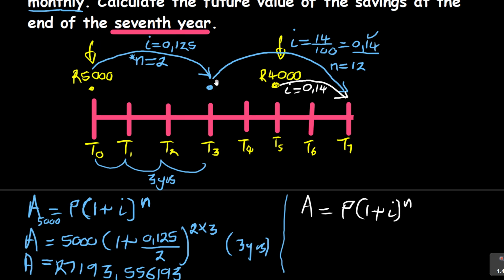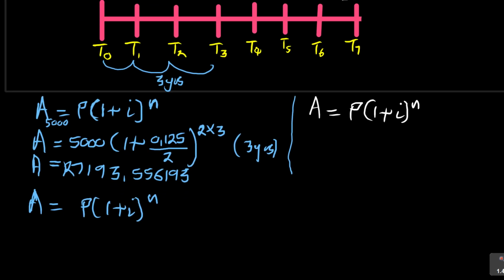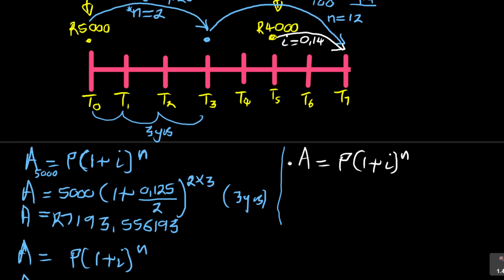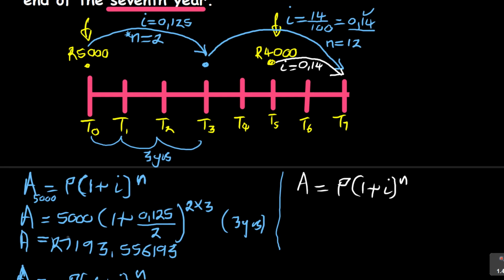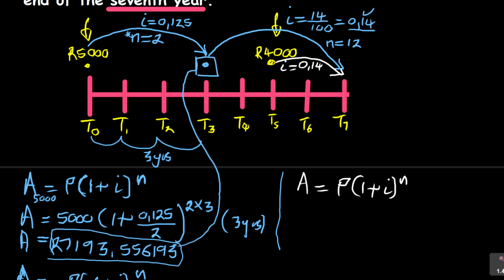Then after that, it went to year 7 with a different interest rate and a different compounding. So I'll do the same thing, but what is my P? You must understand that my new P is this amount here, which now becomes my starting amount.